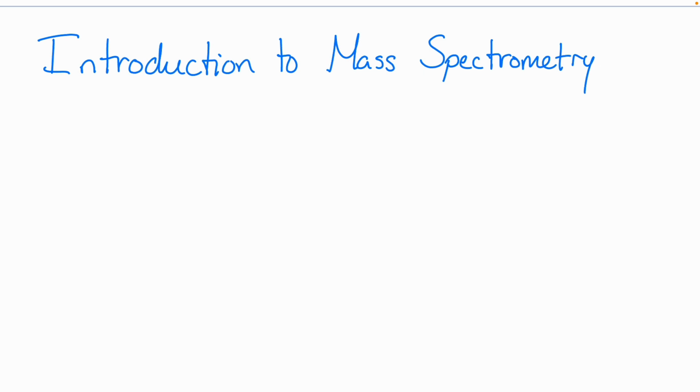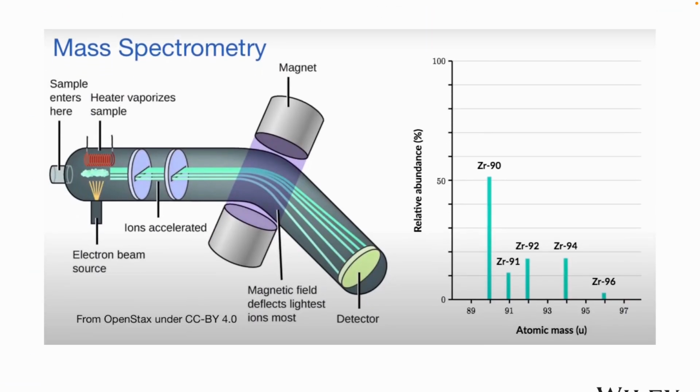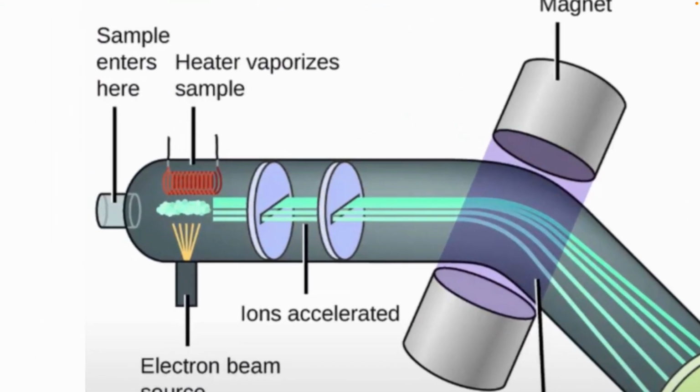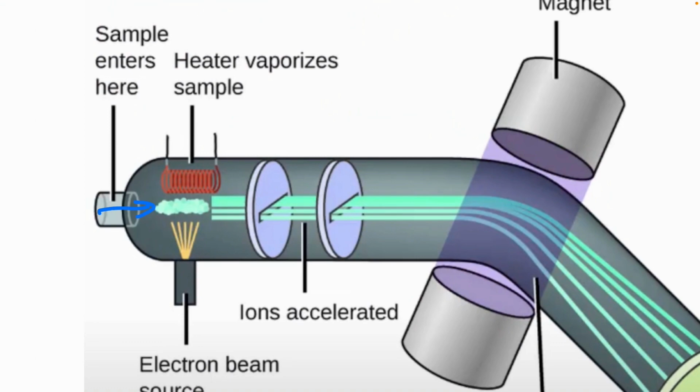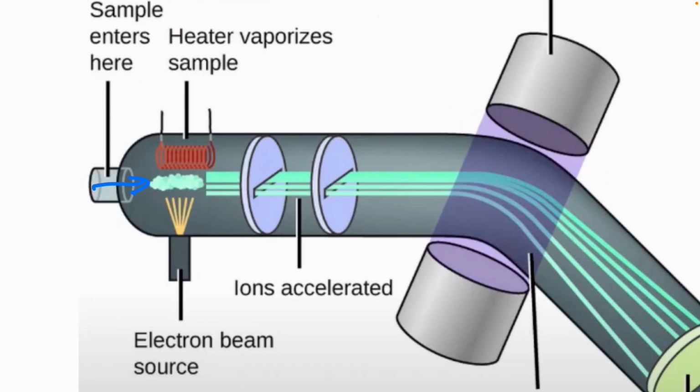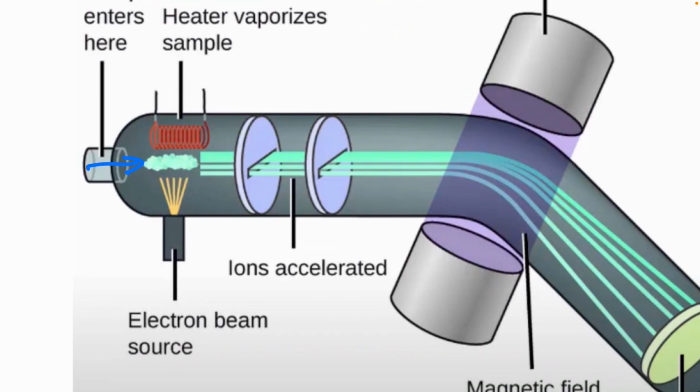So, what does this thing look like? If we looked inside this machine, what happens is that we have this gas coming off of our column. That gas gets bombarded with a beam of electrons. Your sample's making its way through the column and hits the detector. This is how the detector works.